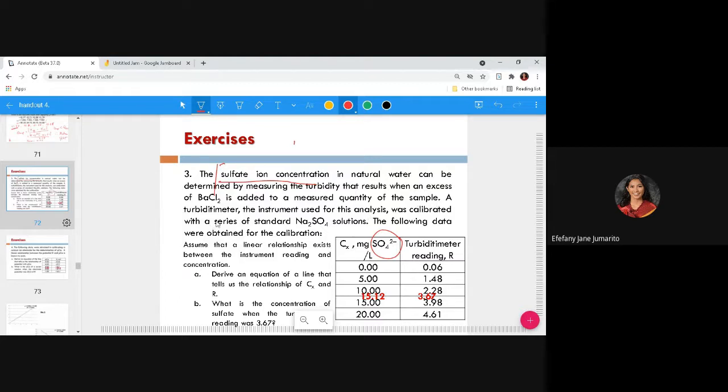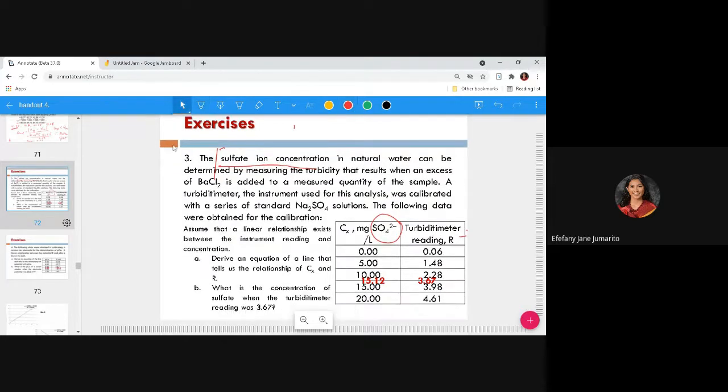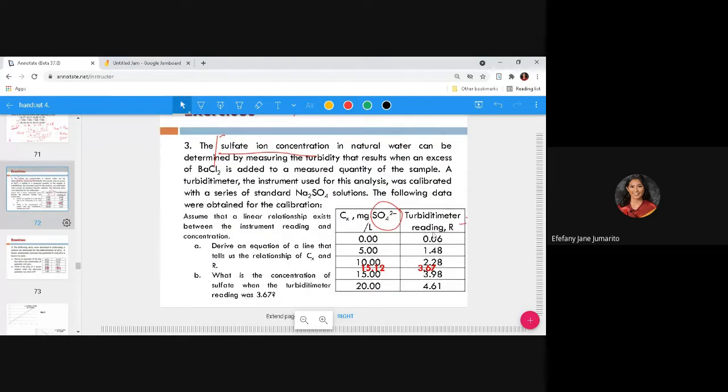A turbidimeter, the instrument used for this analysis, was calibrated with a series of standard sodium sulfate solutions. The following data were obtained for the calibration. So you are calibrating your turbidimeter.